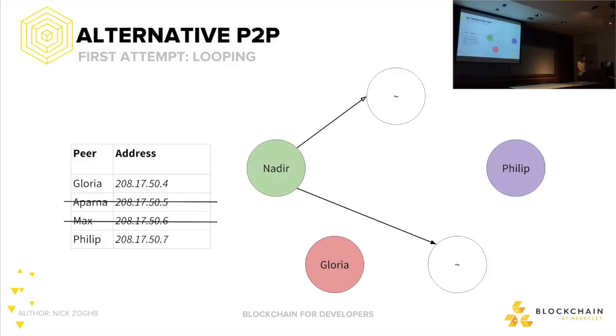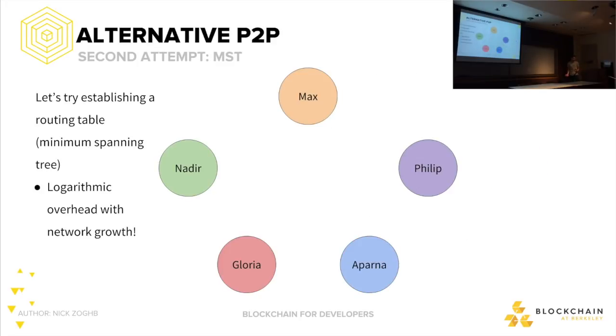Okay. Different model. Take 2. What is an MST? Minimum spanning tree. What is a minimum spanning tree? Yeah, so it's a way of connecting the entire graph.